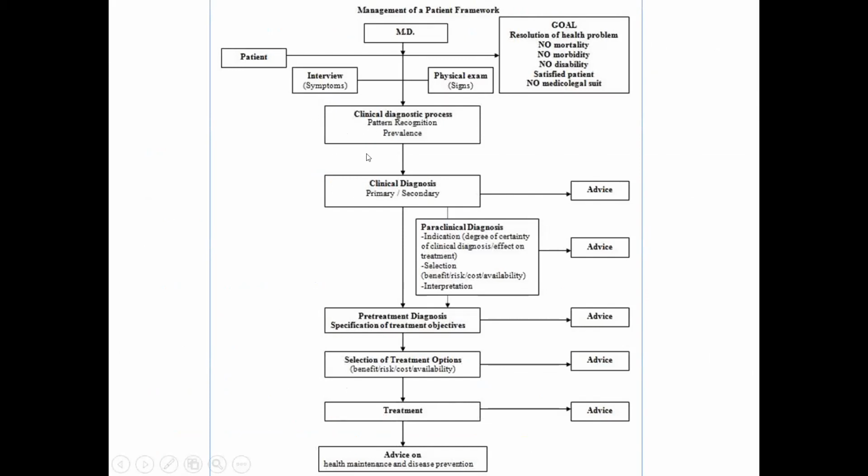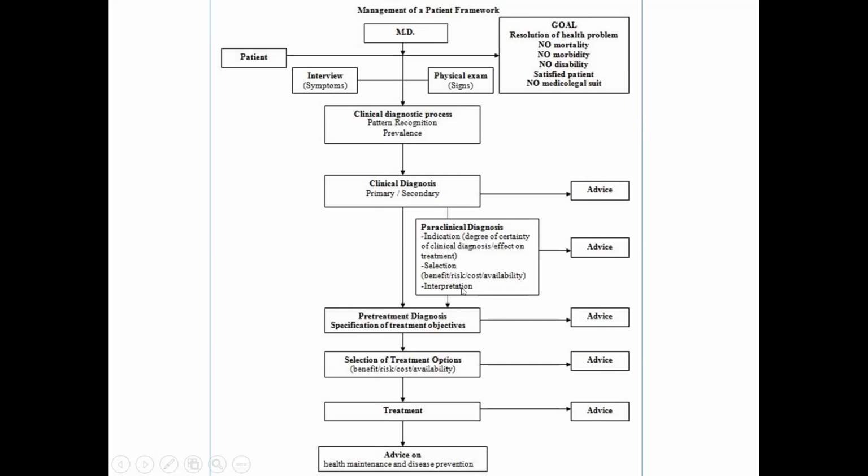And then clinical diagnostic process, pattern recognition, prevalence. Then you have to come out with primary and secondary, not 10 differentials. Then indications based on degree of certainty, and then the effect on the treatment for the first and second, and then you try to select. Benefit, risk, cost, availability. Use this table. You won't go wrong there. Then you interpret the results.